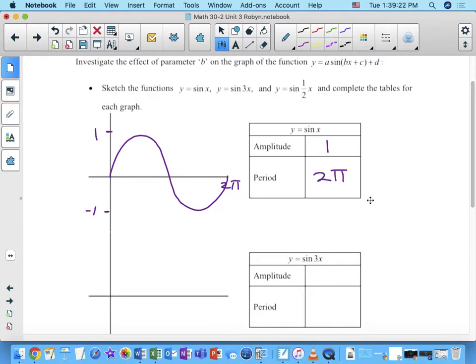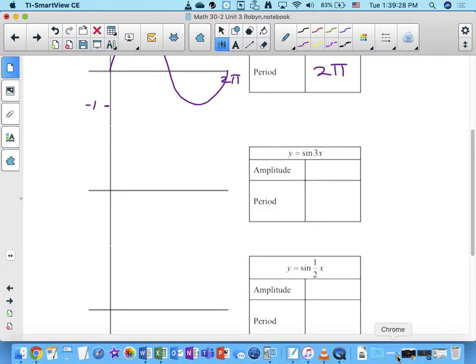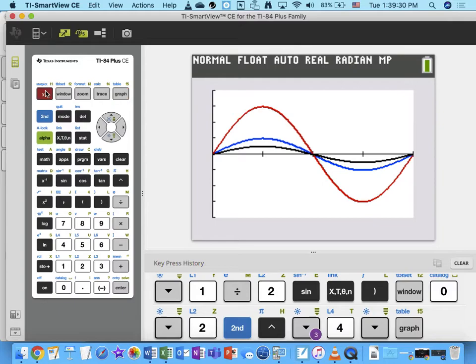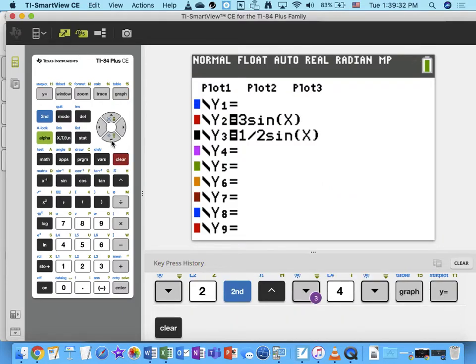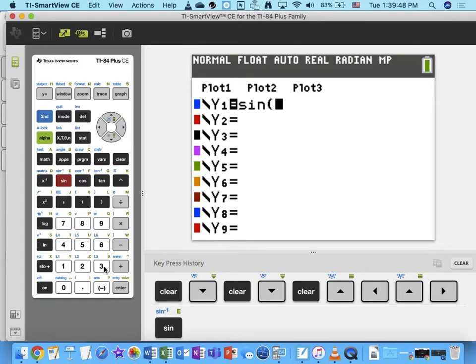So we're going to try and figure out what b does. Let's take a look at y equals sine 3x. I'm going to clear these, and y equals, no, not 3 sine x, sine 3x. Big difference.